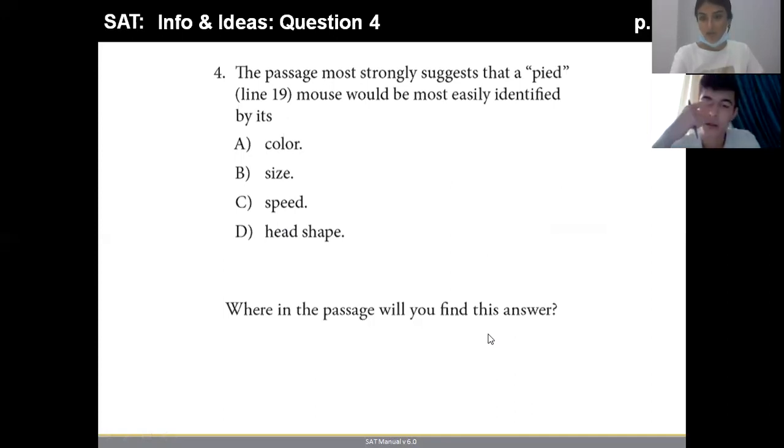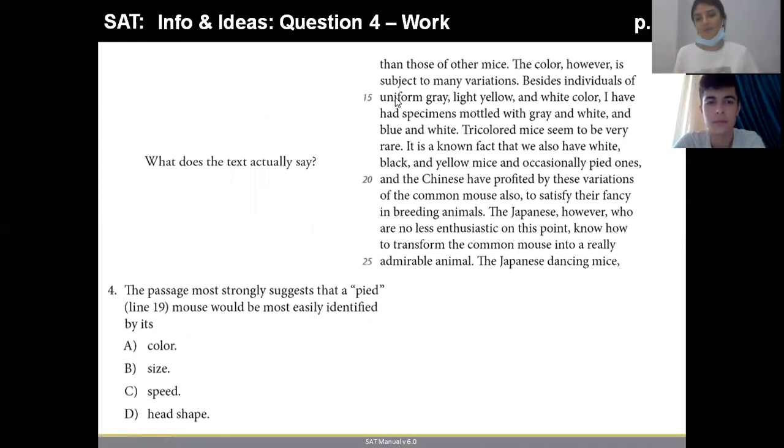Of course, line 19. Should we read only line 19? No, lines 14 to 24, about five lines above and below, to catch the general meaning of the passage and identify what it means here. Find line 19 and read maybe the whole paragraph to understand.